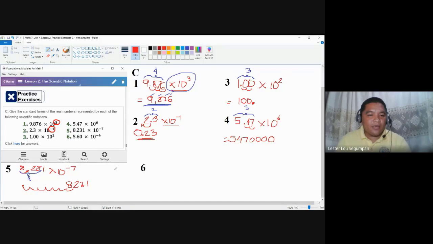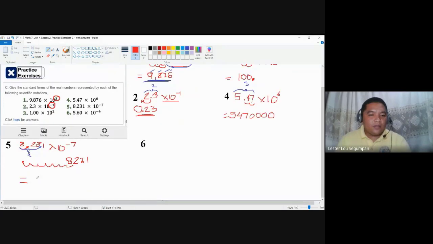So what this would become: 0 point. We could actually add another zero here because it's still not significant. Zero, zero, zero, zero, zero, then 8, 2, 3, 1.